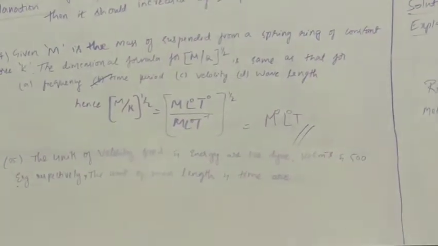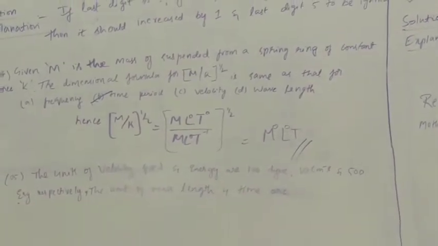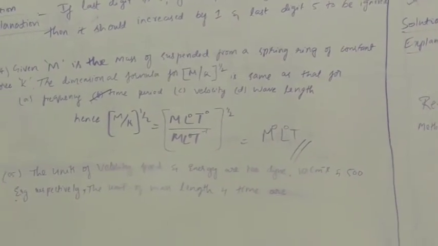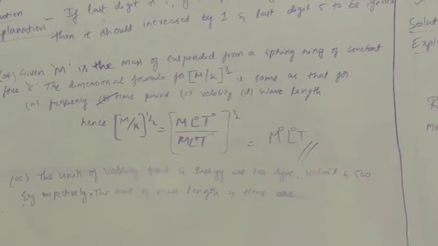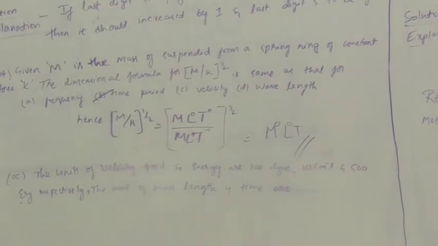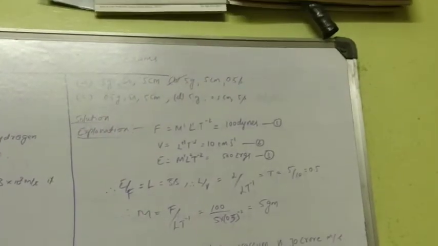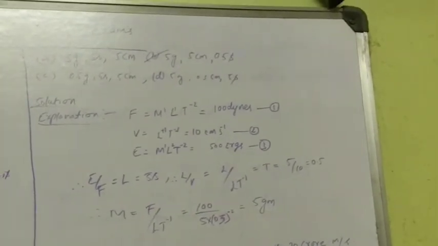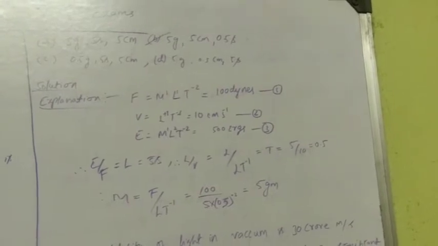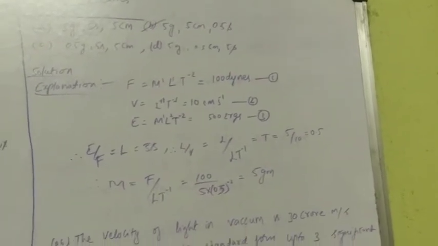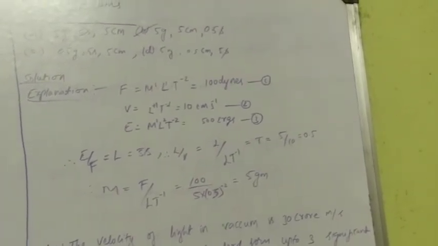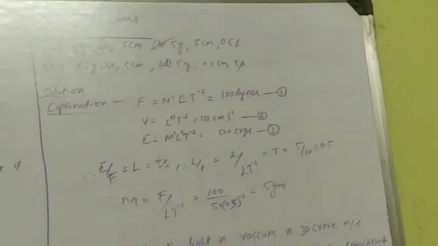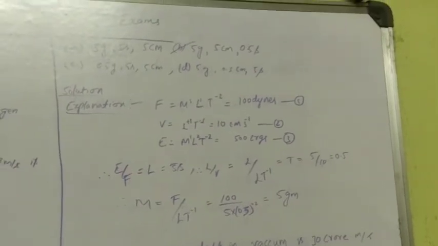The force, velocity and energy are 100 dyne, 10 to the power of centimeters per second and 500 erg respectively. The units of mass, length and time are? Once again we read the question. Here the options are given. We know the dimensional analysis of physical quantities. By applying this, we got E by F is equal to L, M to the power of 0, T to the power of 0, L to the power of 1.